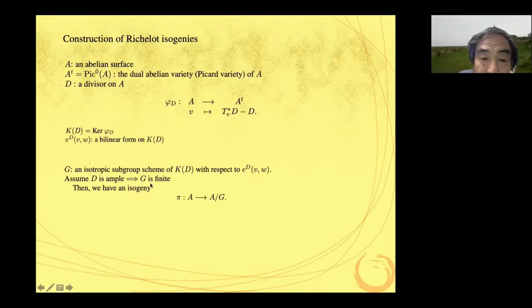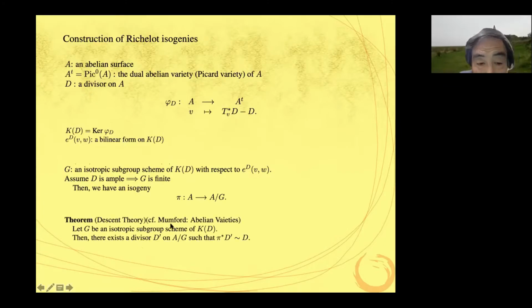So G is finite. So we have an isogeny like this. And for descent theory, for example, you can consult Mumford's Abelian Varieties. Let G be an isotropic subgroup of KD.